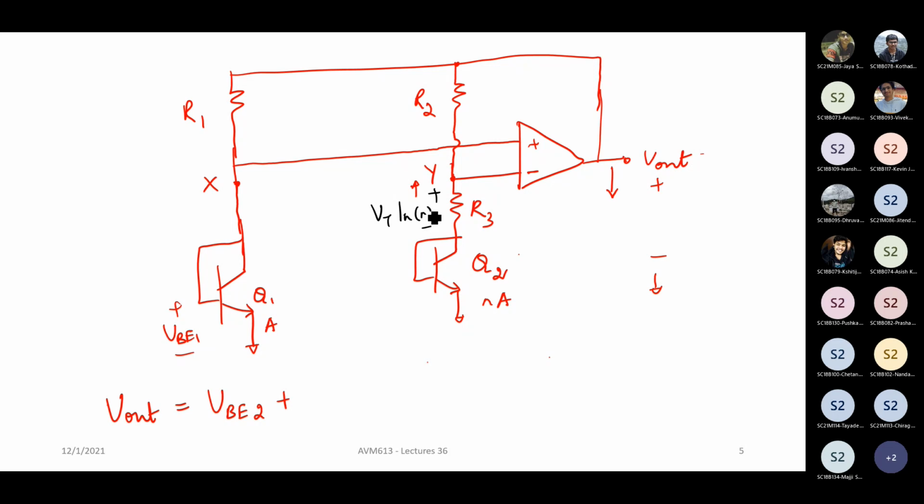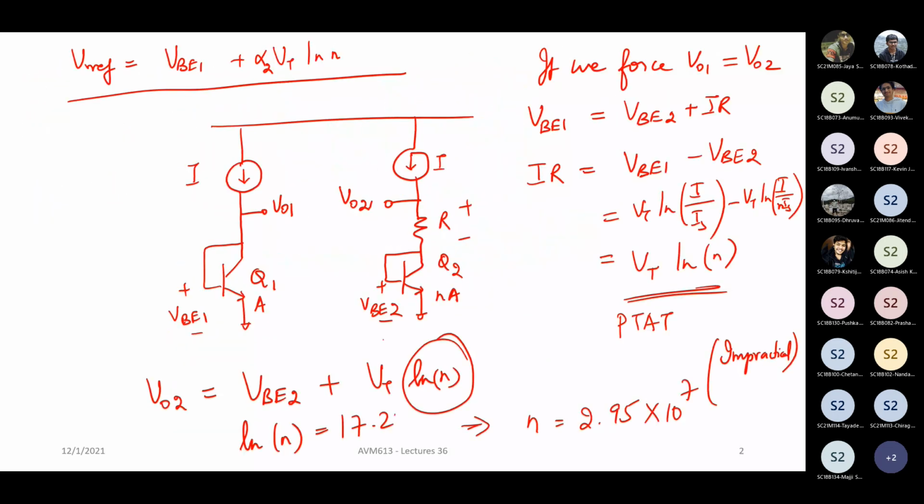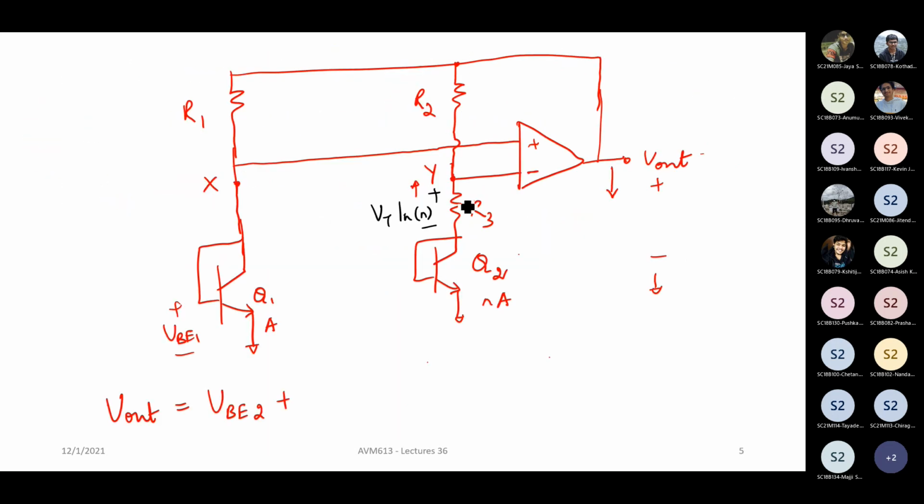VT natural logarithm of N, right? That is what we saw in this analysis, that if you make these two voltages the same, the voltage across the resistor is going to be VT ln of N.